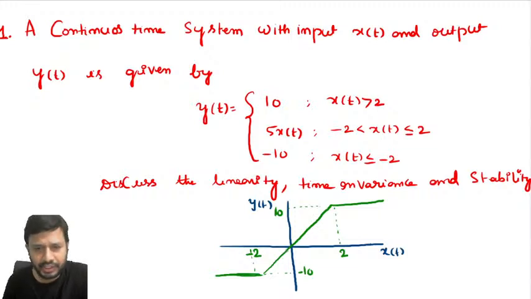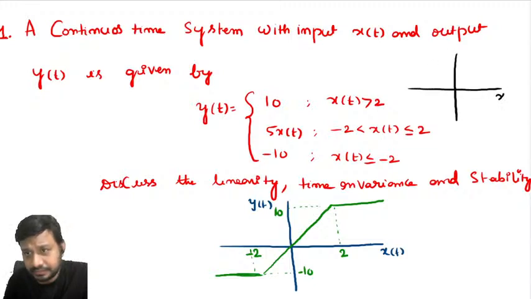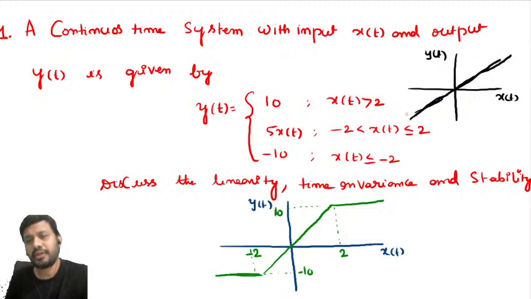First of all, look here, this is the input output relationship. Now let's check linearity. While discussing linearity, what I said, for a linear system, the input output relationship must be a straight line passing through the origin.